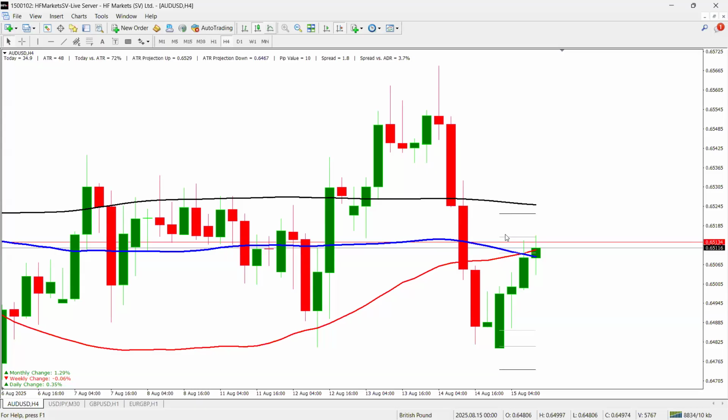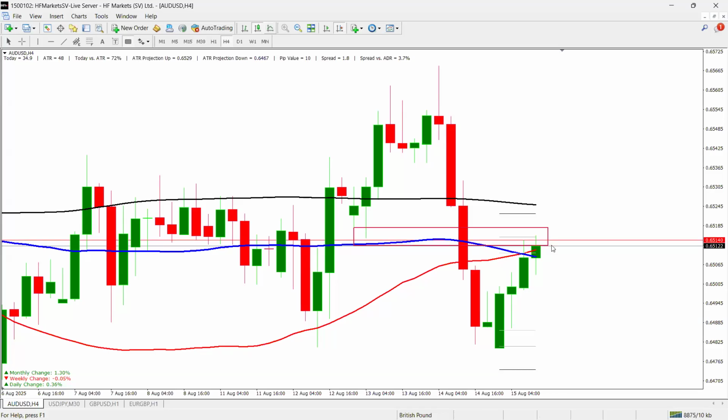And the human point of view is, are you free from data? No, data is going to be out in 22 minutes. Two, there's a level of resistance just in front of you. So even though you have a golden cross, with the 50 going above the 100, the question is, are you free from every other thing you need to consider as a human being? You're not free from that.